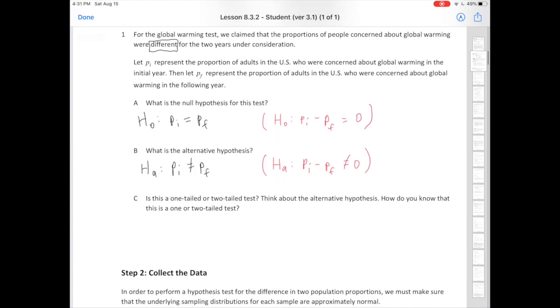All right. Is this a one-tailed or two-tailed test? Think about the alternative hypothesis. How do you know that this is a one- or two-tailed test?